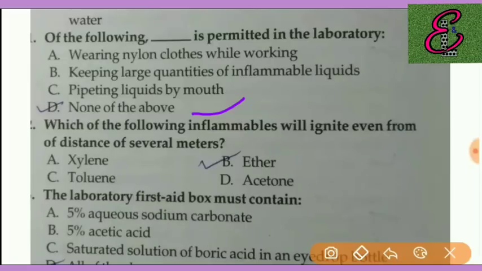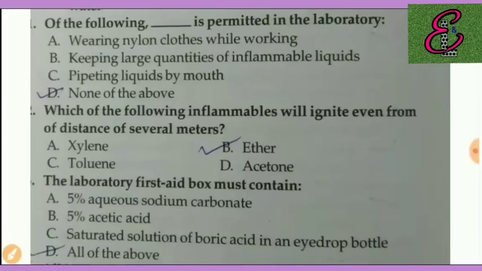The next question, which of the following inflammables will ignite even from a distance of several meters? The right answer is ether.